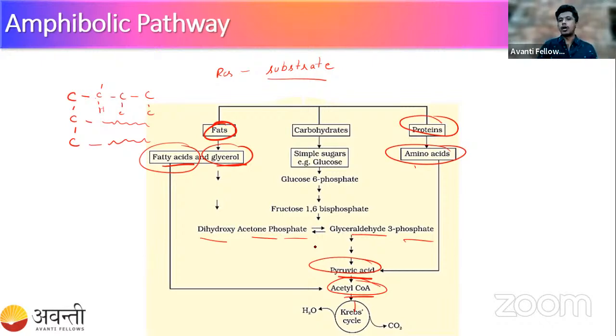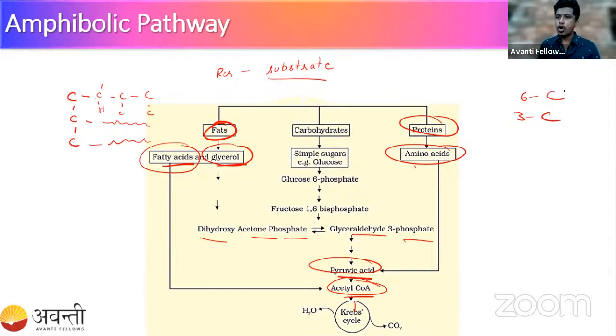Now, when we talk about glycolysis, where we started with glucose, that is C6H12O6, by the time we ended the process of glycolysis, it resulted in 2 molecules of pyruvate. And if you look at the structure of pyruvate, it has 3 carbon atoms. The glucose had 6 carbon atoms, correct, right?